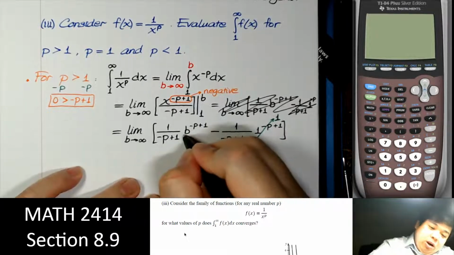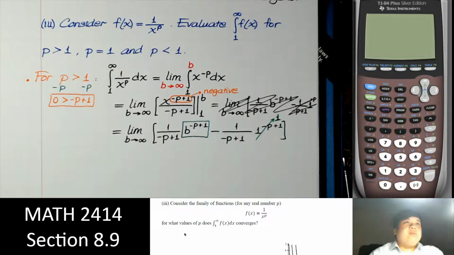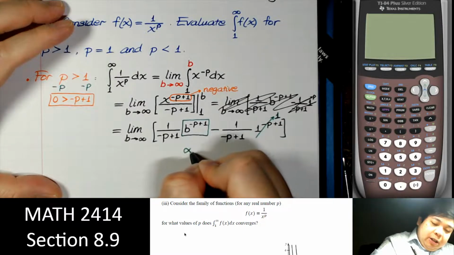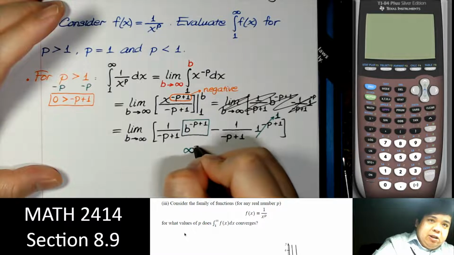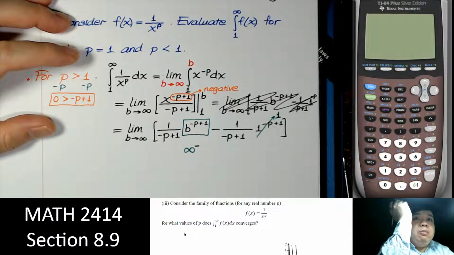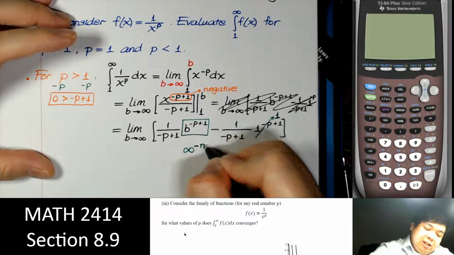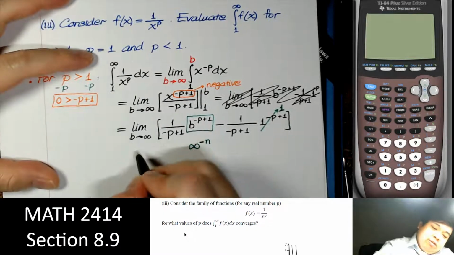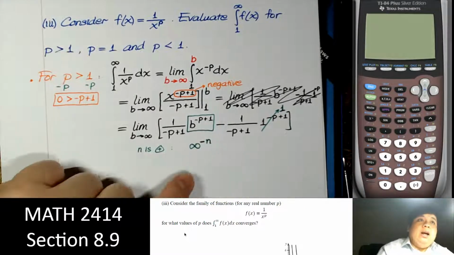Now the question is, what is this? Think about it. If we have infinity raised to a negative power, let's say negative n, when n is positive, what's that?